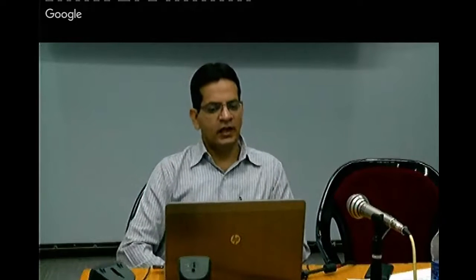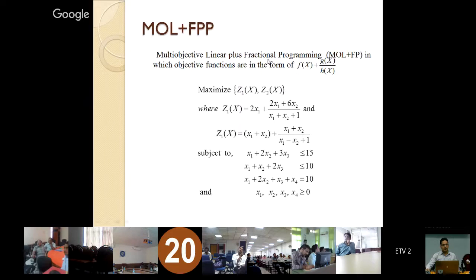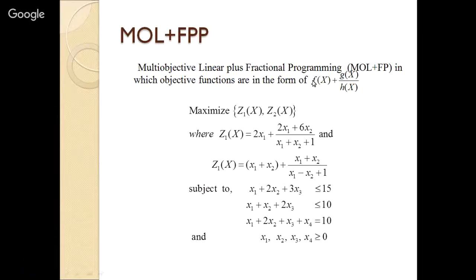This is an example of a multi-objective linear plus linear fractional programming problem. Earlier we had two objective functions in fractional format. Now we again have two objective functions, in linear plus linear fractional format.